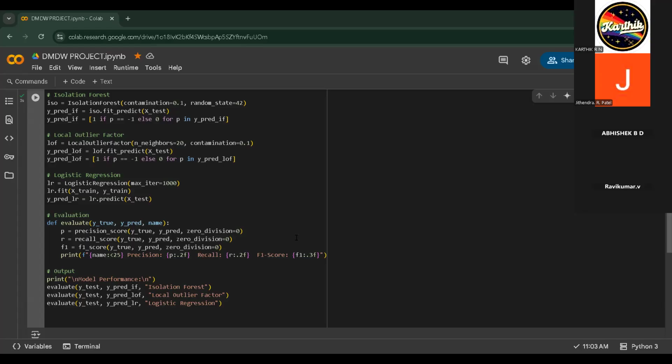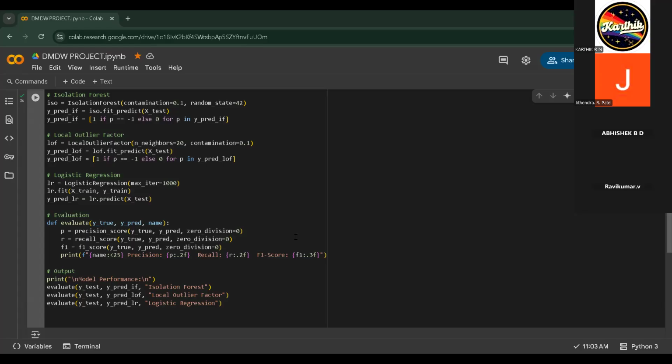def is used to define a function, evaluate(y_true, y_prediction, name): p = precision_score(y_true, y_prediction, zero_division=0), r = recall_score(y_true, y_prediction, zero_division=0), f1 = f1_score(y_true, y_prediction, zero_division=0).